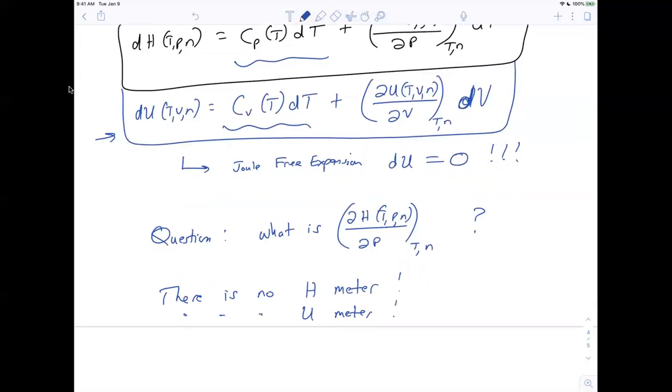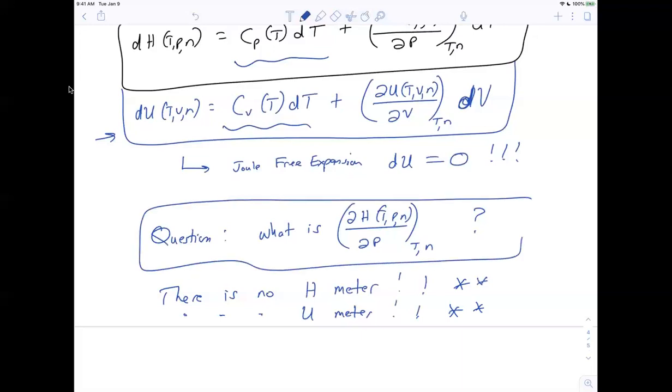And you'll see later that there is no G meter, where G is the Gibbs free energy. And if you've been introduced to the Helmholtz free energy, there's no Helmholtz free energy meter either. We have to get at these indirectly. And so this is the question we're going to answer.